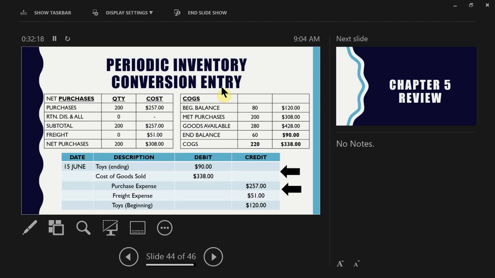We have to get rid of our beginning inventory and transfer it back into our ending inventory. Okay? So this is how you complete LIFO having beginning inventory.